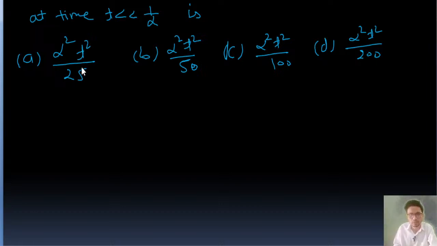So let's solve it. Here we need to find the transition probability from 0 to 1.